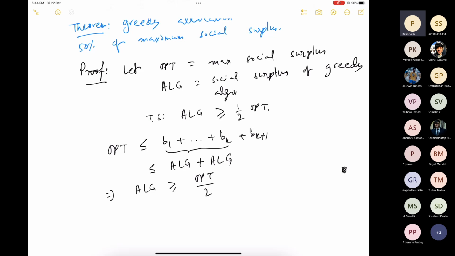Here it guarantees that at least 50% of social surplus is attained. And for this particular problem, there exist more sophisticated allocation rules which can be computed in polynomial time, and this 50% can be pushed to 99.99% or arbitrarily close to 100%.